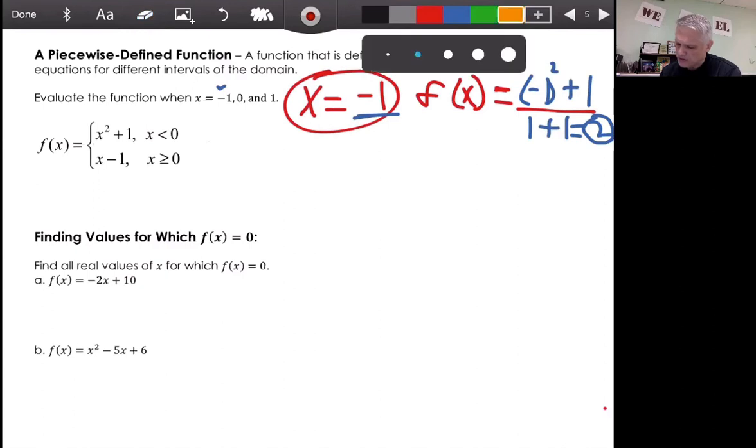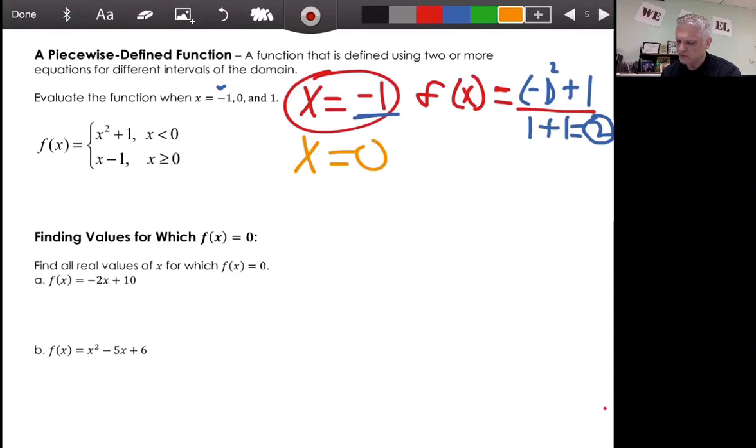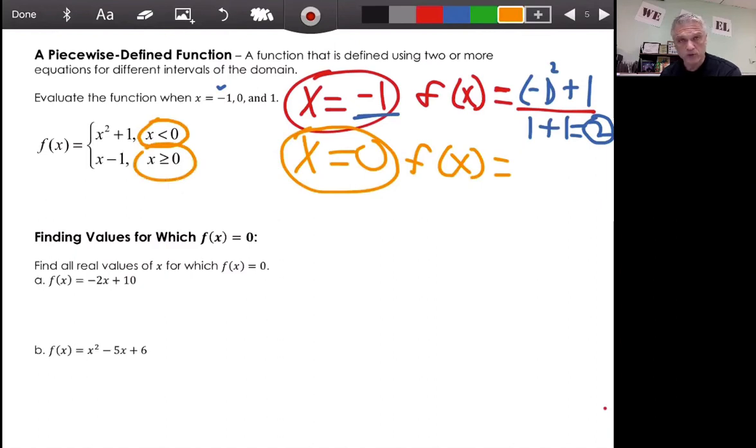When x is 0, what is f of x? Okay, again, we've got to figure out which of these intervals we're looking at. Well, my interval has x being 0. So is 0 less than 0, or is 0 greater than or equal to 0? Well, I hope you're all saying, well, duh, that's an easy one.